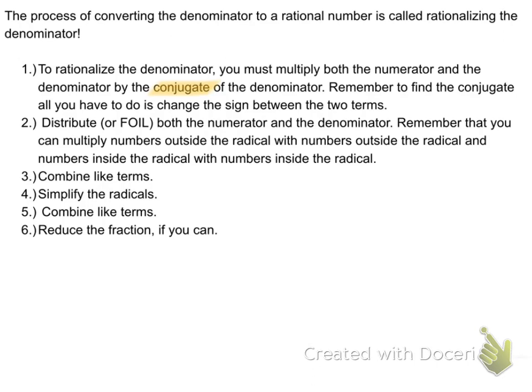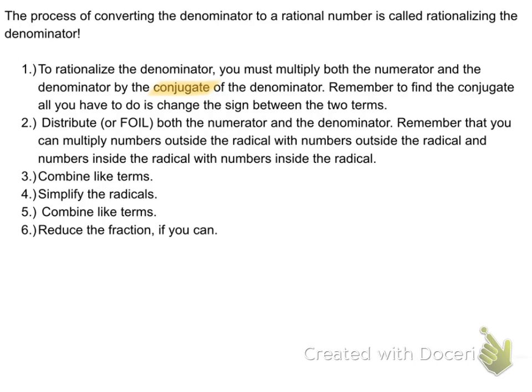We need to multiply both the top and bottom, because whatever you do to the bottom of a fraction, you must do to the top, okay? So that's obviously needed. You need to multiply the top and bottom by whatever it takes to get rid of the thing you don't like.